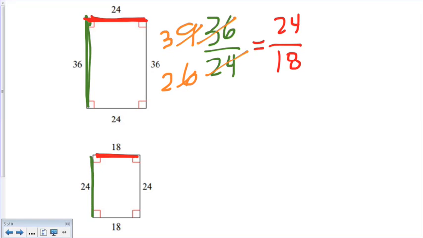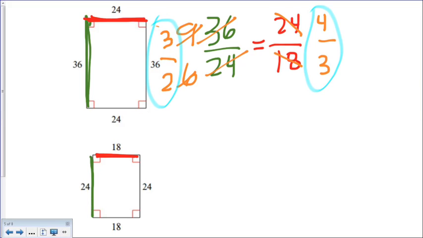Then let's talk about 24 and 18. 6 goes into both: 6 goes into 24 4 times, 6 goes into 18 3 times. As you notice, does 3 over 2 equal 4 over 3? It does not. So these are not similar rectangles.